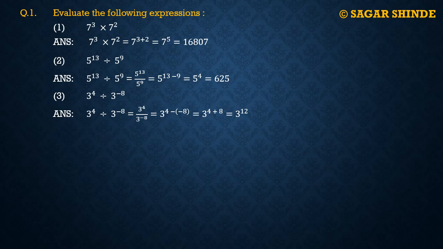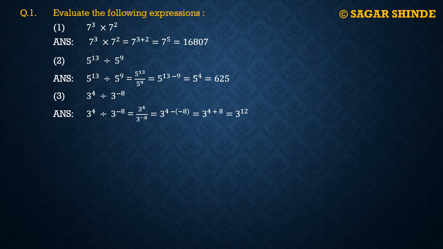Remember it. Okay, so we'll write 3 raised to 4 minus 8. Okay, because we have to subtract the powers. The power of the 3 in the numerator is 4 and the power of the 3 in the denominator is minus 8. So here we have written 3 raised to 4 minus 8.